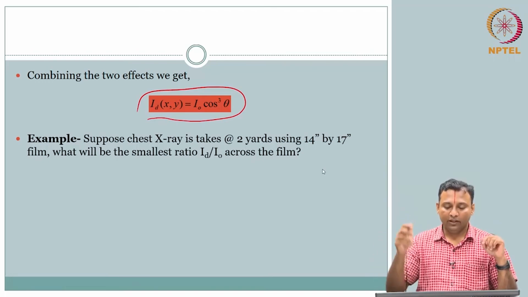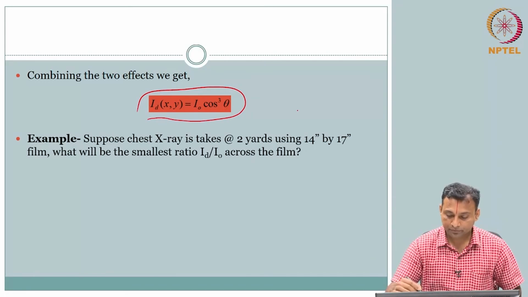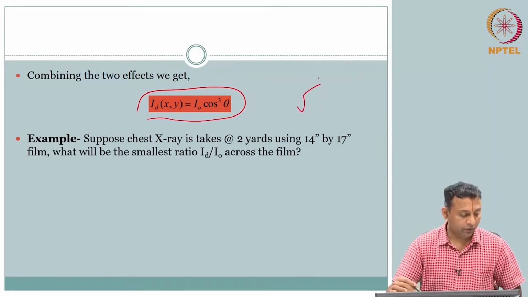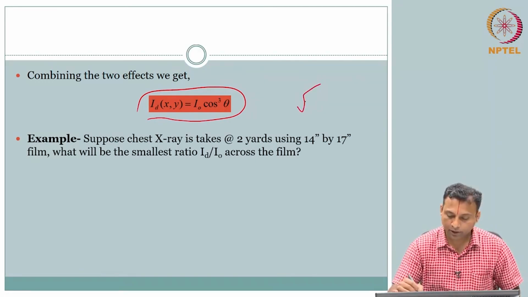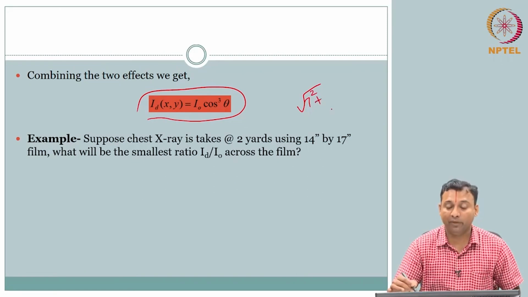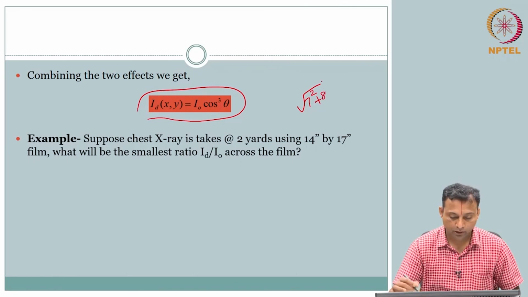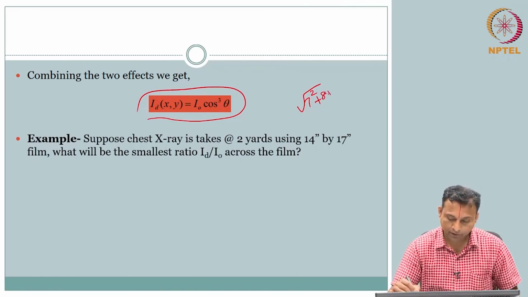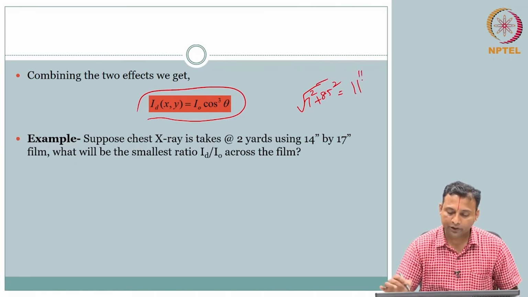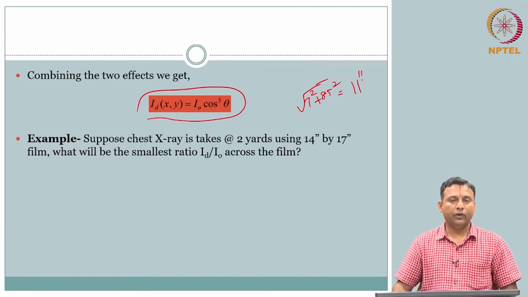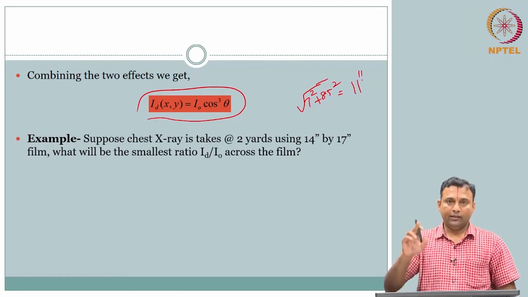So, that is going to be the square root of (14 by 2) squared plus (17 by 2, which is 8.5) squared, whatever that number is. This turns out to be about 11 inches.